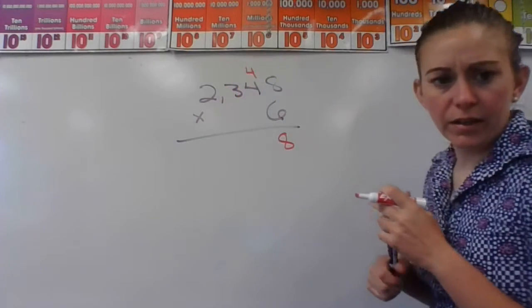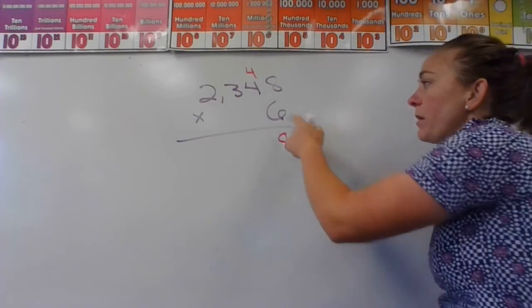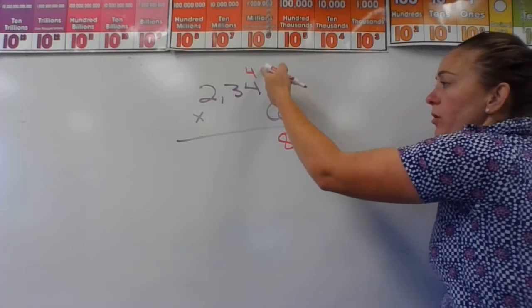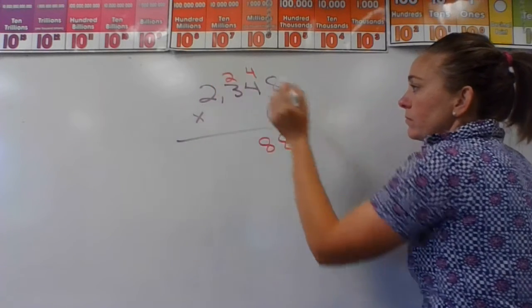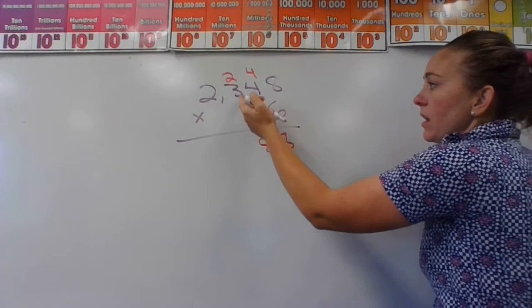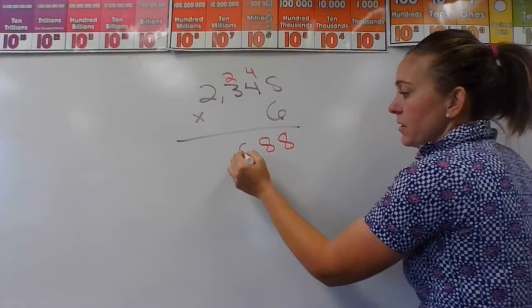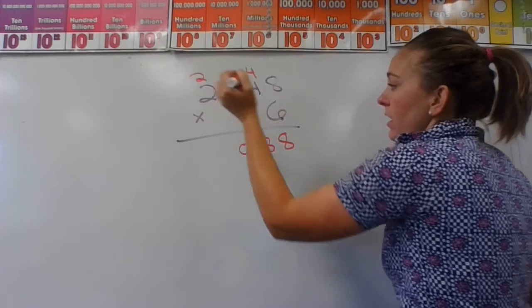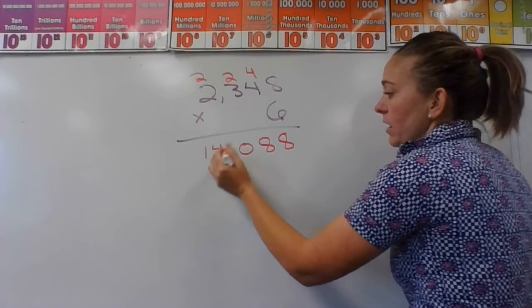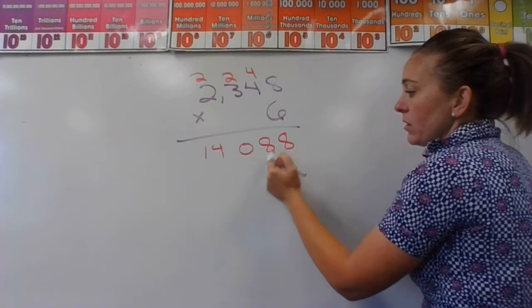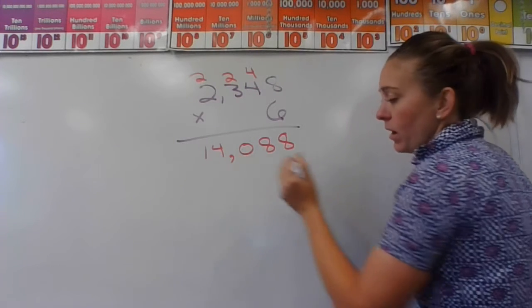I think some of you are forgetting to do that carry. 6 times 4 is 24, plus 4 makes 28, so drop the 8, carry the 2. 6 times 3 is 18, plus 2 makes 20, drop the 0, carry the 2. And 6 times 2 is 12, plus 2 makes 14. Then the comma goes after 3, so 1, 2, 3, and my comma.